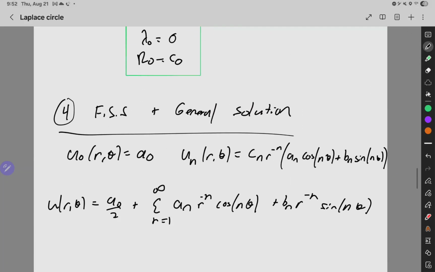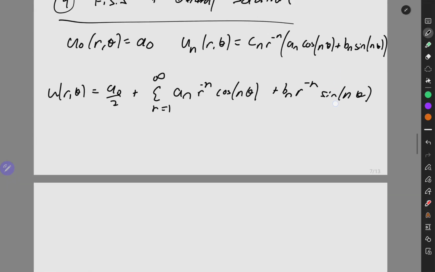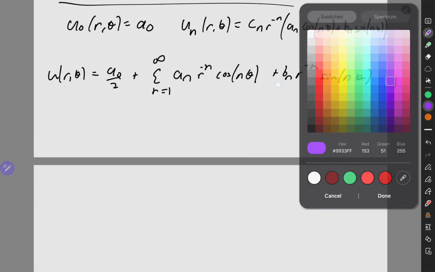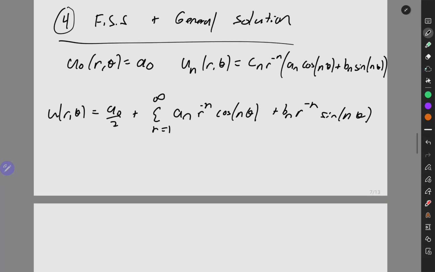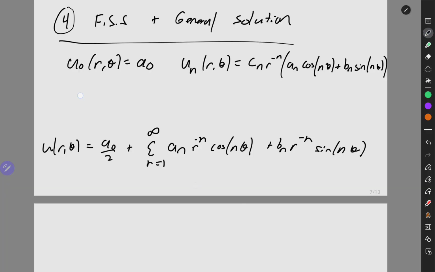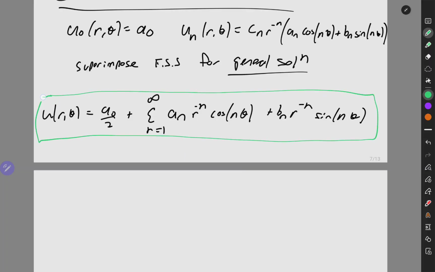Makes perfect sense. This is our general solution. We superimpose the fundamental set of solutions to get to the general solution.